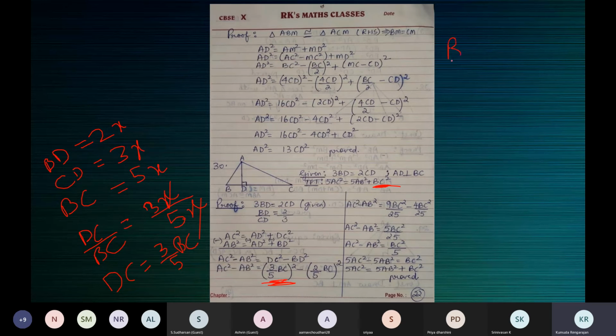We don't want BD. We want BC. You can also find BC by BD. Just cross multiply and get the relation, that's all.